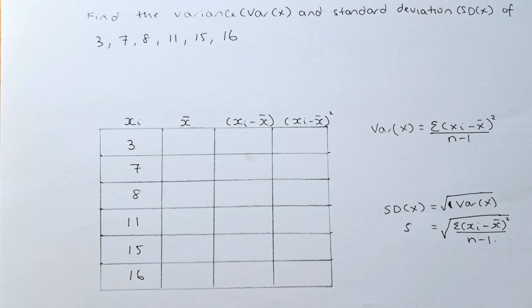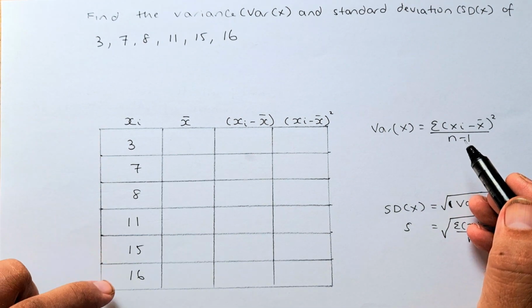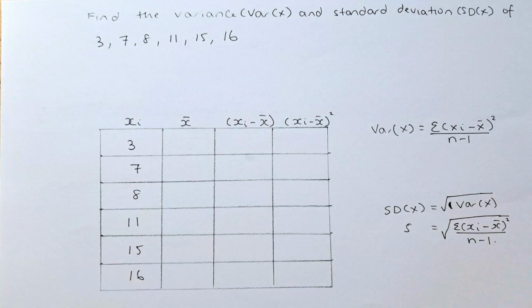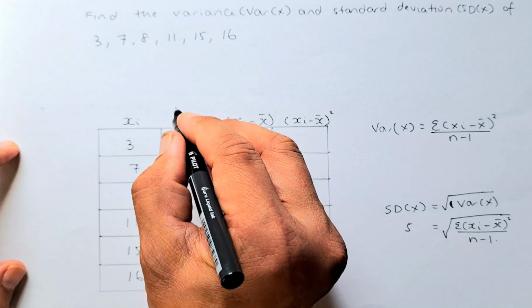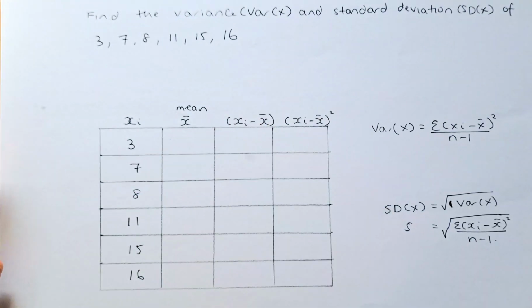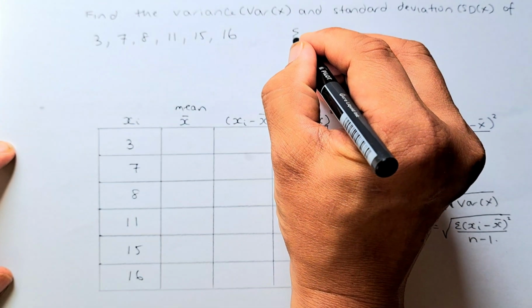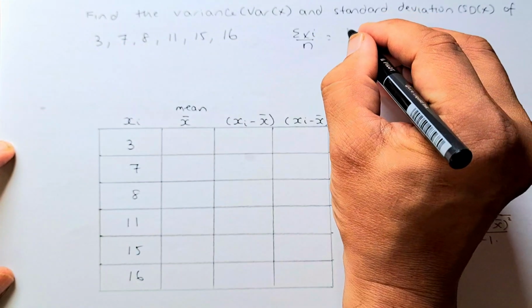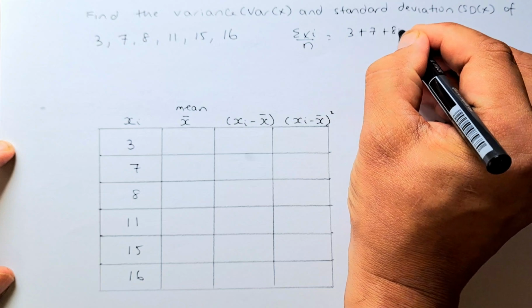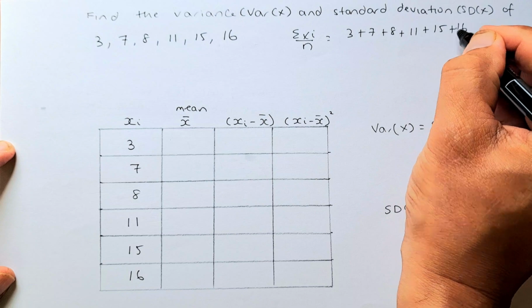So xi is just the numbers 3, 7, 8, 11, 15, and 16. Before we can do that, you need to calculate the mean. X bar means the mean. The mean is calculated by adding the sum of xi over n: 3 plus 7 plus 8 plus 11 plus 15 plus 16, divided by the number of terms.